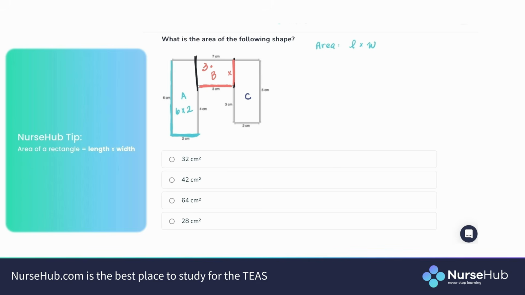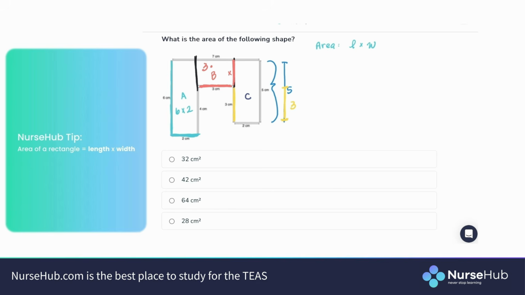What I'm going to use is right here. If we look, the full vertical line is 5 centimeters. So from here to here is 5. I also see this little piece right here is 3 centimeters. So I know from here to here is 3.